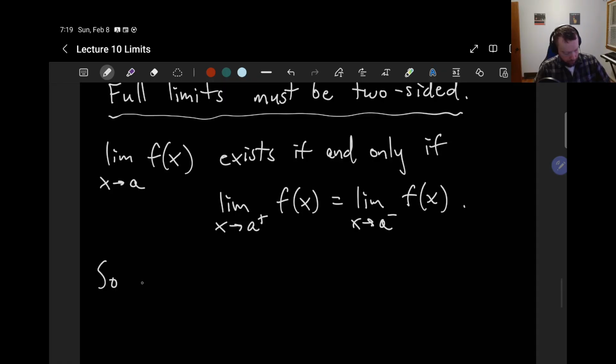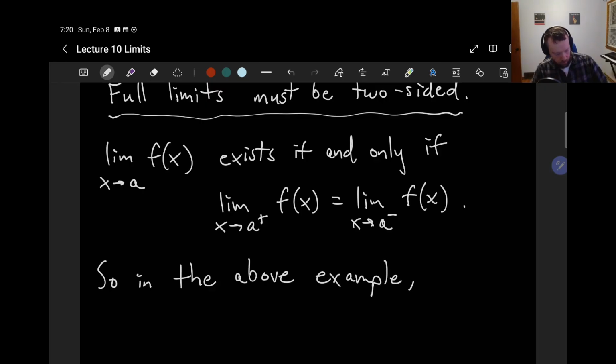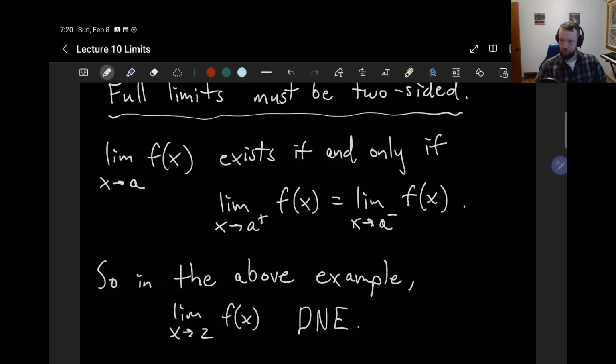So quick word on that. In the above example, we would have to say that the limit as x approaches 2 of f of x does not exist because it did not agree coming in from the left versus the right.